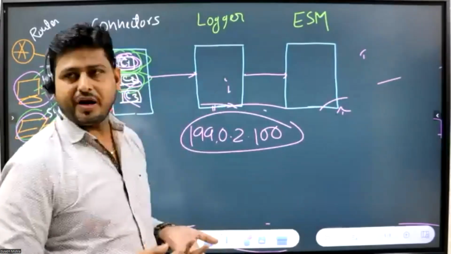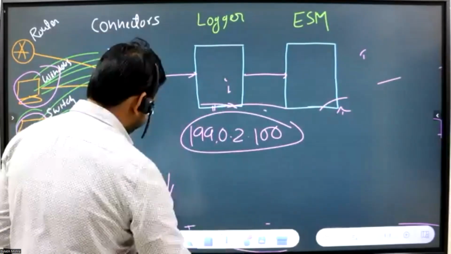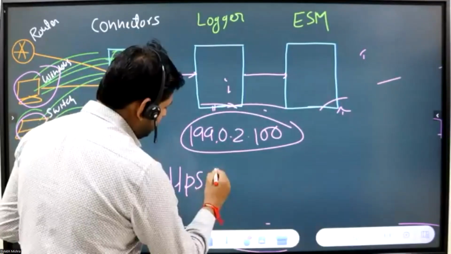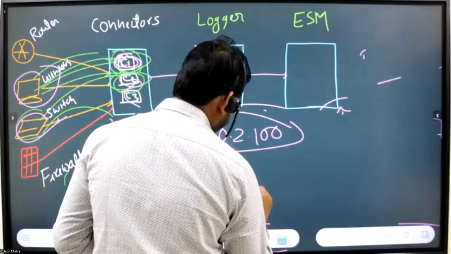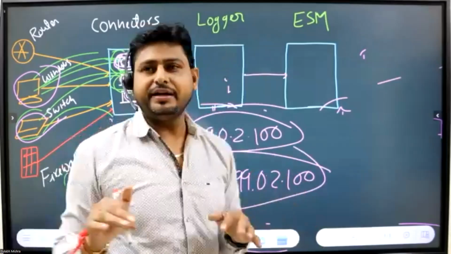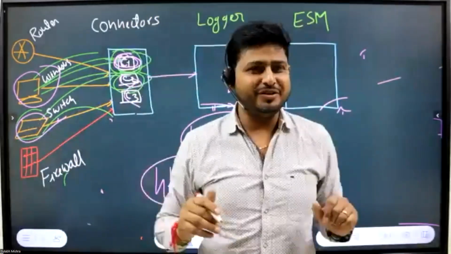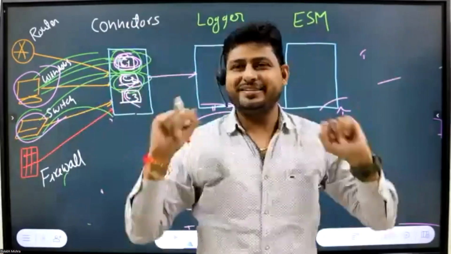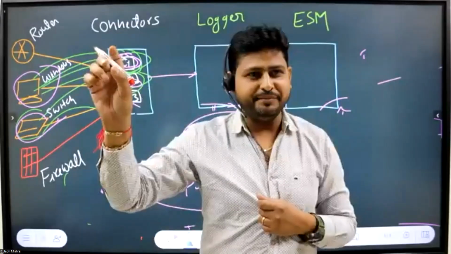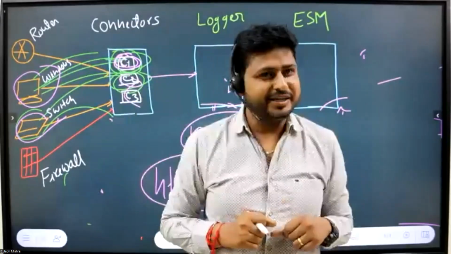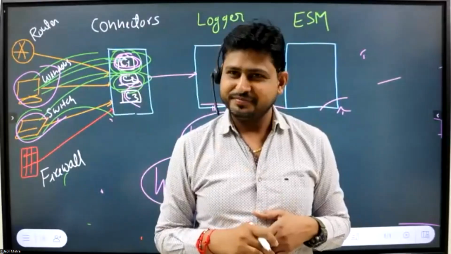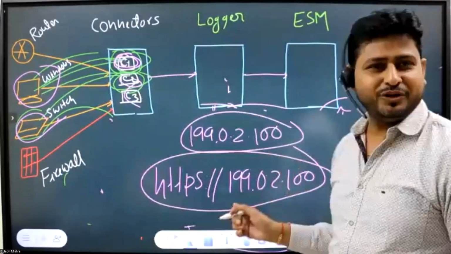Then you can open the web browser and type https://199.0.2.100, enter the username and password, and you can see the Logger console. In the Logger console there is a search bar where you can write the query and select the time for which you want to see the logs. Search and you can see the logs, and you have the option to download them also.